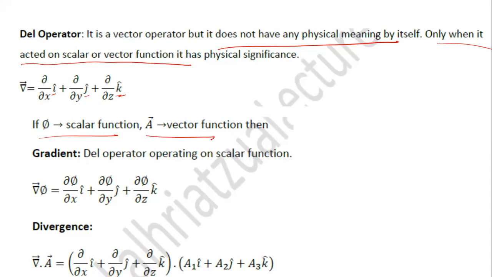So if you have a non-uniform magnetic field and non-uniform electric field, they are vector quantities, but non-uniform means depending on where you are, according to the space coordinates, those quantities like magnetic field and electric field change, right? So those kinds of functions we can in general consider as vector functions.